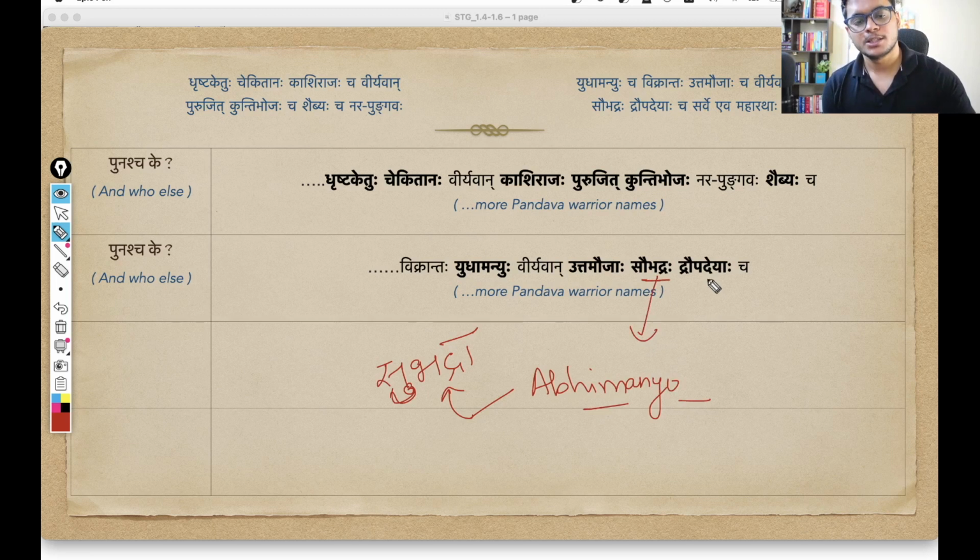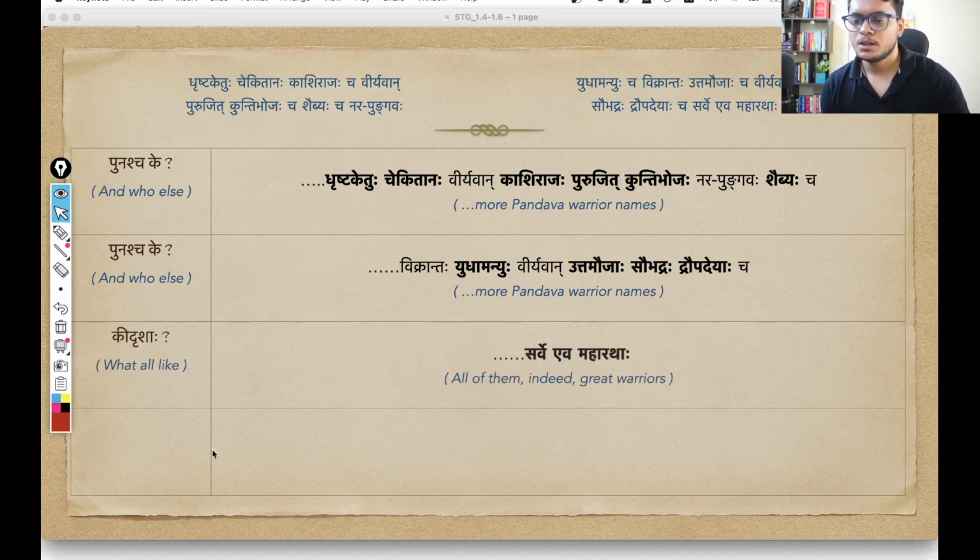Similarly, Draupadeya is referring to the children of Draupadi. Since there was more than one child, we are using the plural, Draupadeyaha. So Yudhamanyu, Uttamauja, Saubhadra, that is the son of Subhadra, Abhimanyu, and Draupadeyaha, that is the sons of Draupadi.